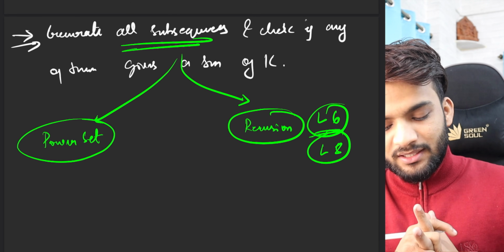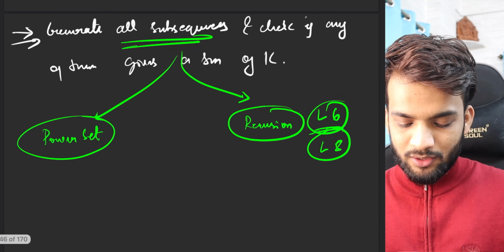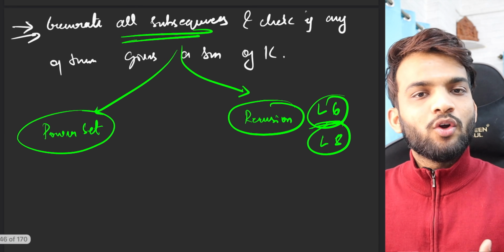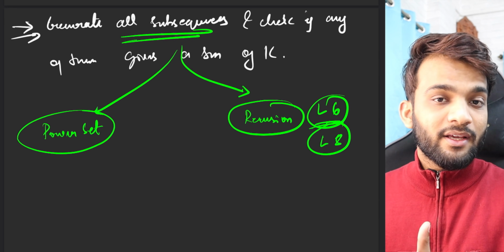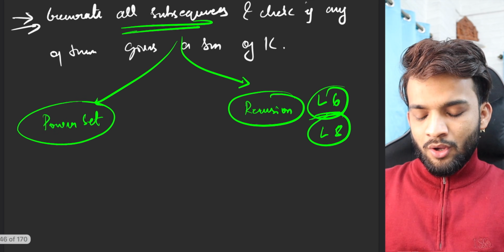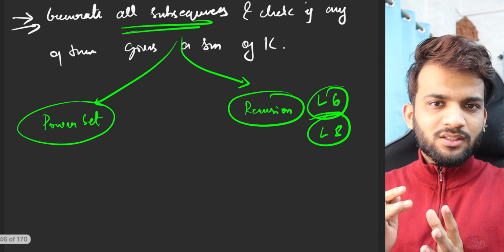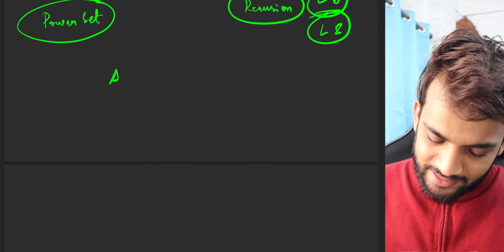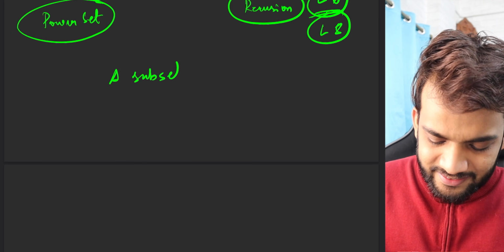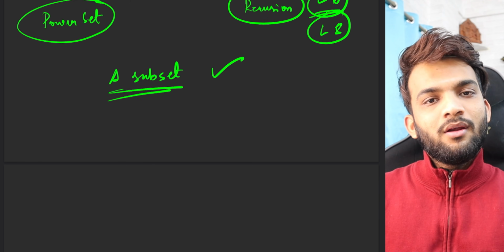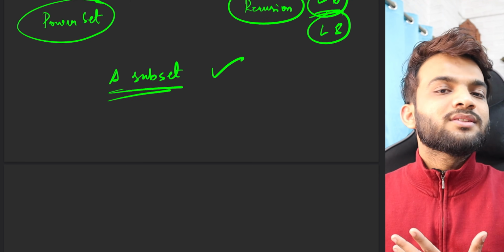But the question arises over here. Does it ask us to generate all the subsequences? The answer to that is no. The question states, does there exist a single subset? If I get a single subset, my job is done. So I don't need to generate all the subsequences.